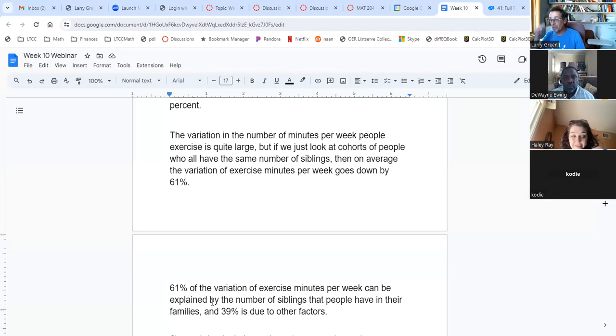Okay, it might be some cultural thing. Having a lot of siblings and exercising a lot fits in some cultures. Having not so many siblings and not exercising much fits in other cultures. It may be cultural. Doesn't mean it's causative. You see how that works? There could be lots of reasons.